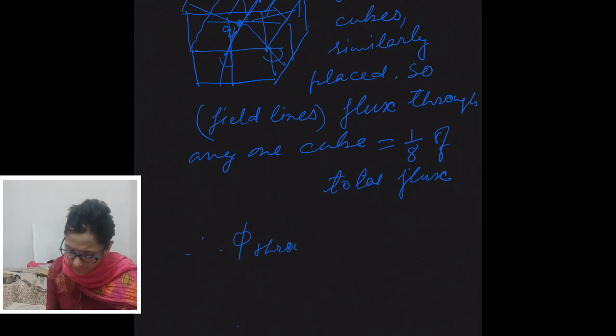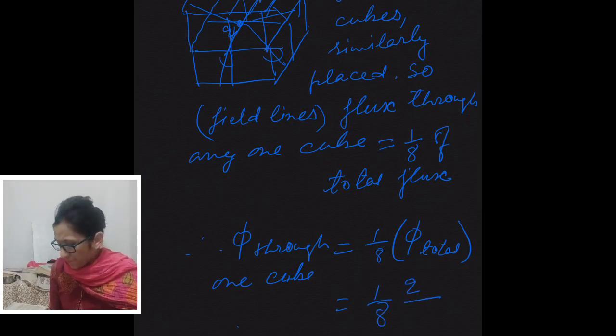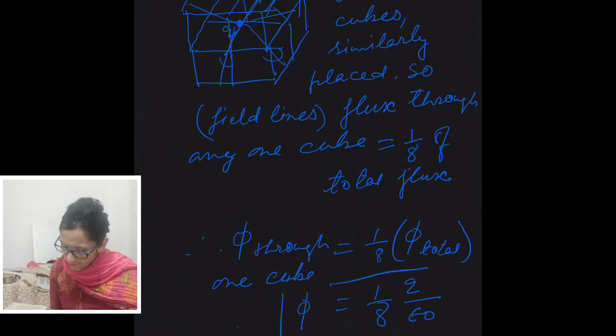Therefore, phi through 1 cube is equal to 1/8 of phi total, and this is equal to 1/8 Q enclosed upon epsilon naught. So this is the flux through 1 cube.